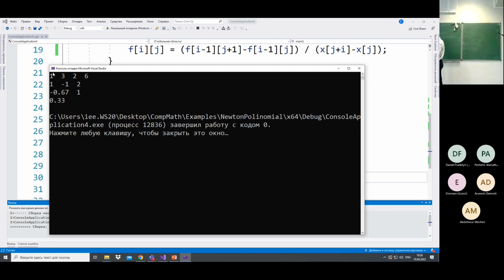Only the first, with the points 0, 0, 0, 1, 0, 1, 2. This divided difference will correspond to the first column of this table: 1, 1, minus 0.67 and 0.33.